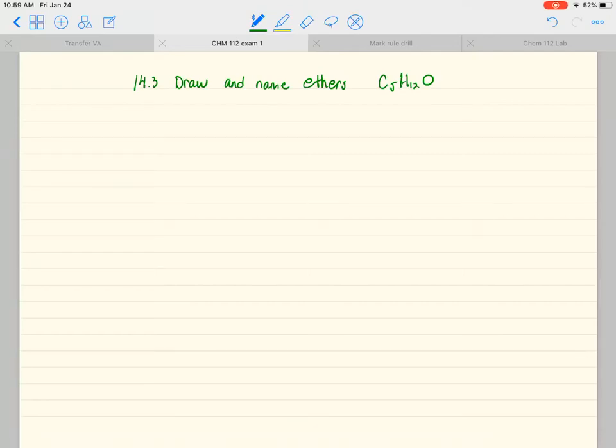In this problem, we're asked to draw ethers that satisfy the molecular formula C5H12O. So an ether is an oxygen in between two carbon atoms. So you can't do 5 carbons in a chain because we don't have any more carbons on the right.